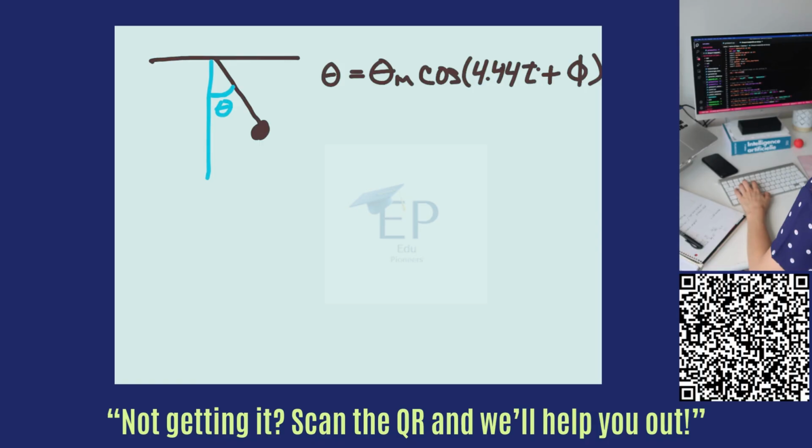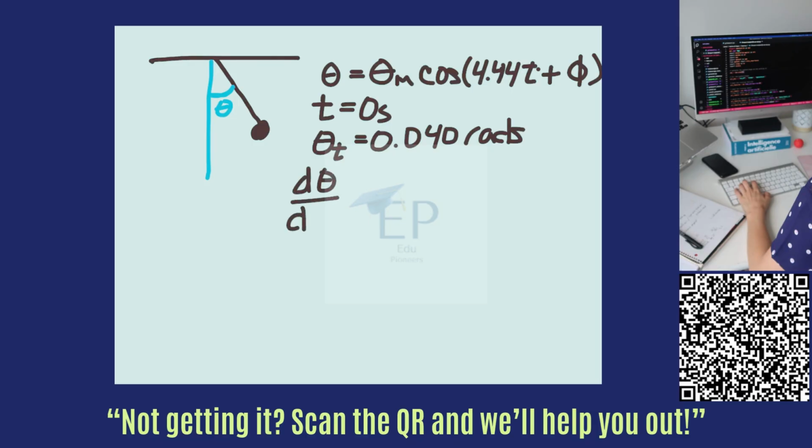We are also told that at time t equals 0 seconds, theta equals 0.040 rads. And finally, that delta theta over delta time is equal to negative 0.200 rads per second.